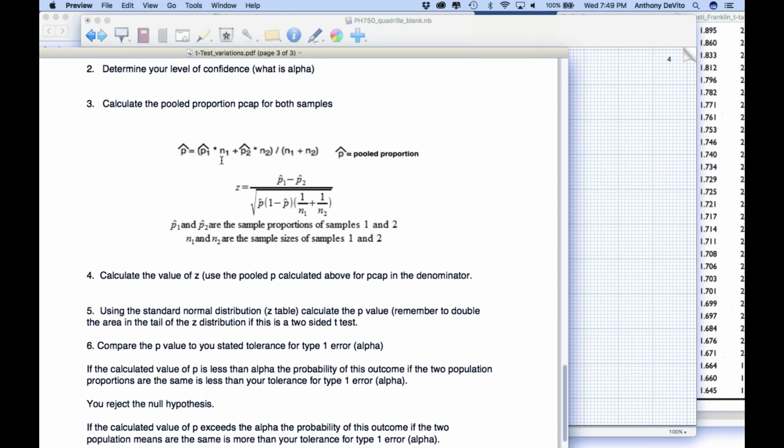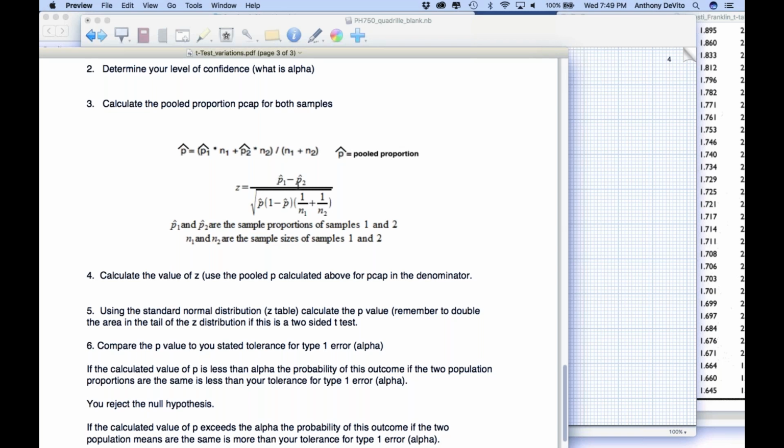And what am I going to do with that? Well, then I'm going to use that pooled proportion down here. This P is the pooled proportion. So I'm going to use that pooled proportion for P times 1 minus P times 1 over N1 plus 1 over N2, the sample sizes. That's going to be my standard error. And the difference between the two proportions is going to be the top of this equation.